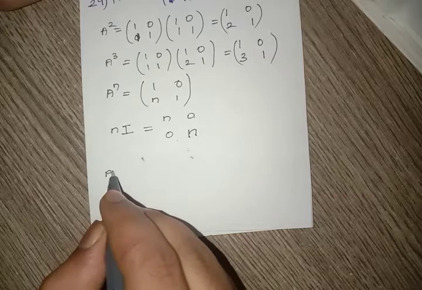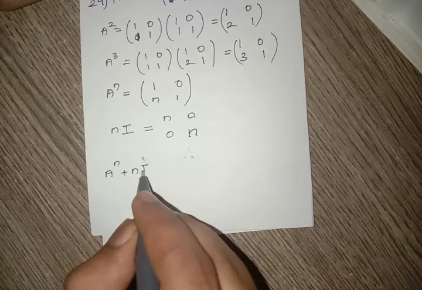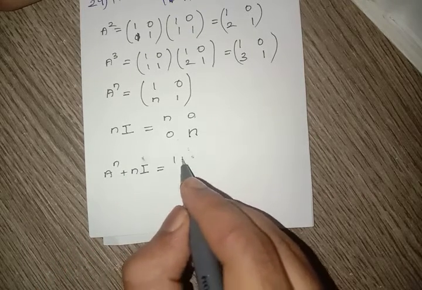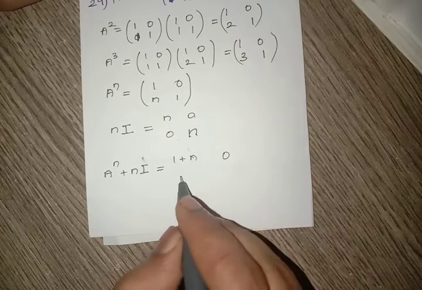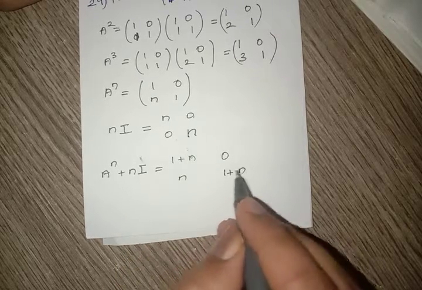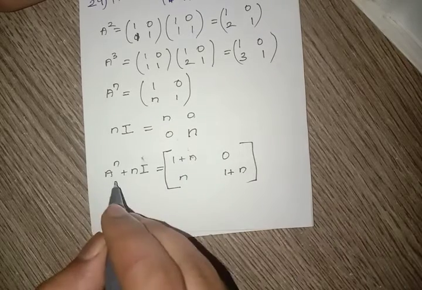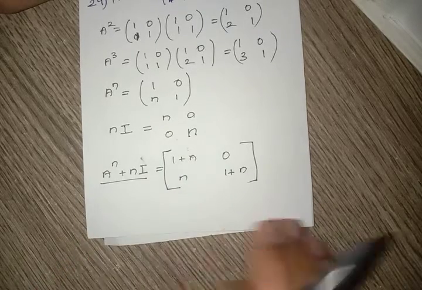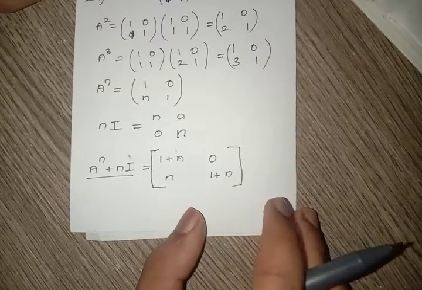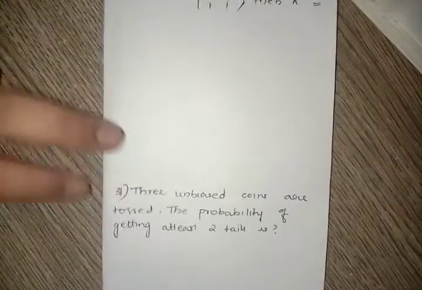So A raised to n plus nI will be equal to [1 plus n, 0; n, 1 plus n]. So this is what we get when we add A raised to n and nI. Okay, now let us move to the 30th question.